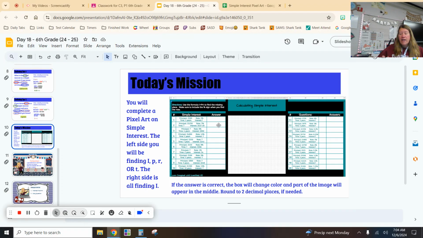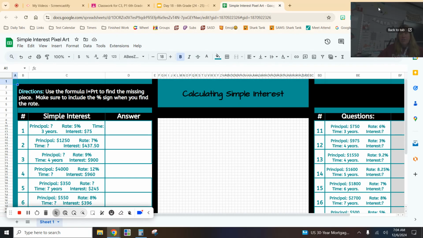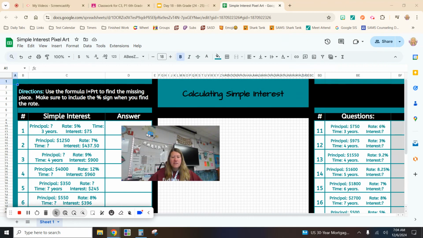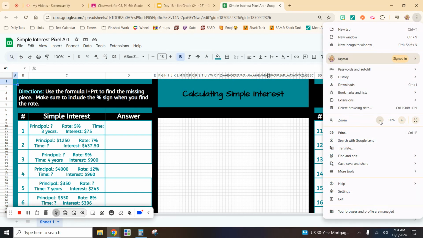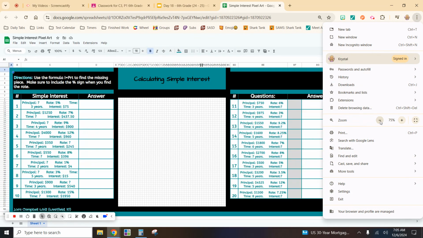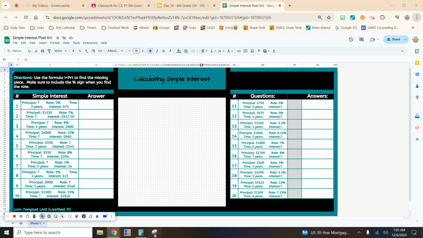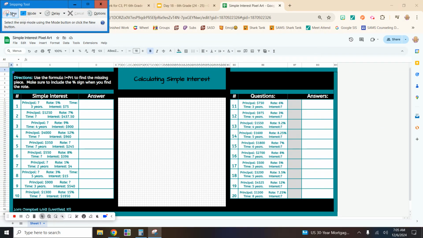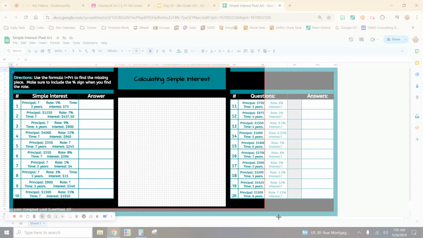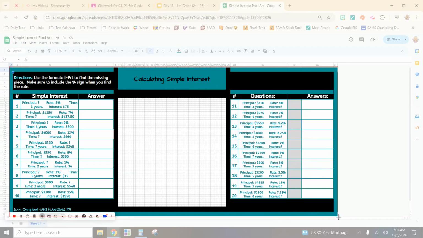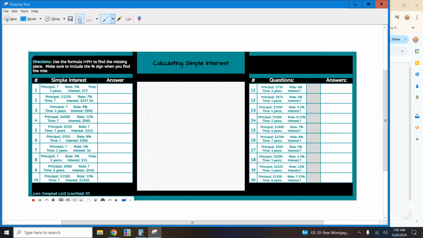Now, you are going to have an interest pixel art. You have two sides to this, okay? On the left side, you are going to be solving for either P, for R, or for T. So the left side means you are always dividing.